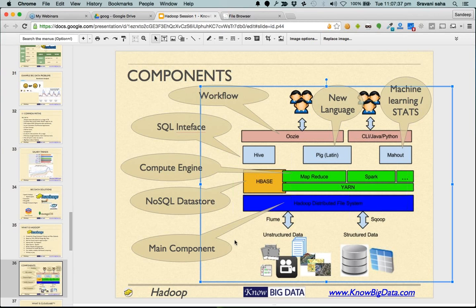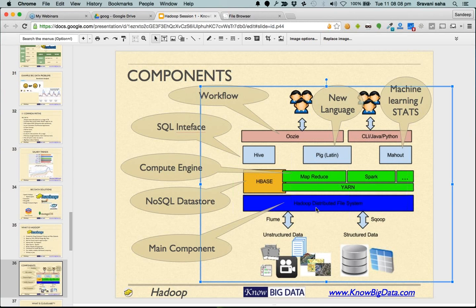Basically HDFS, or Hadoop Distributed File System, is a file system that runs on multiple computers at the same time. Under the hood, the files are stored on multiple computers, while on the surface it looks like a neat, nice file system. It has folders, it has files, and files could be of any size.